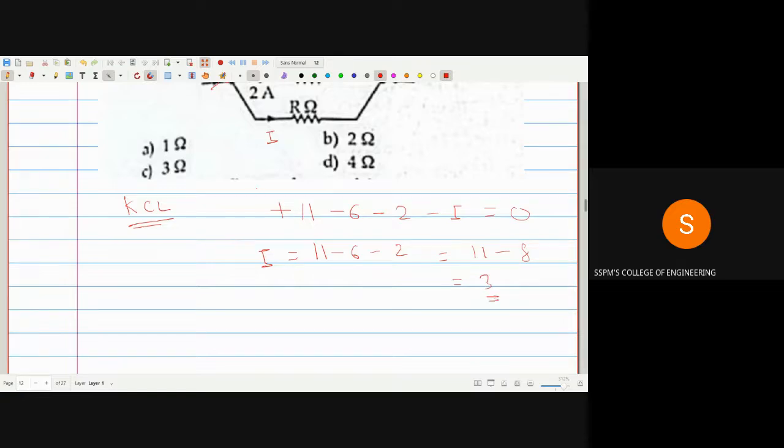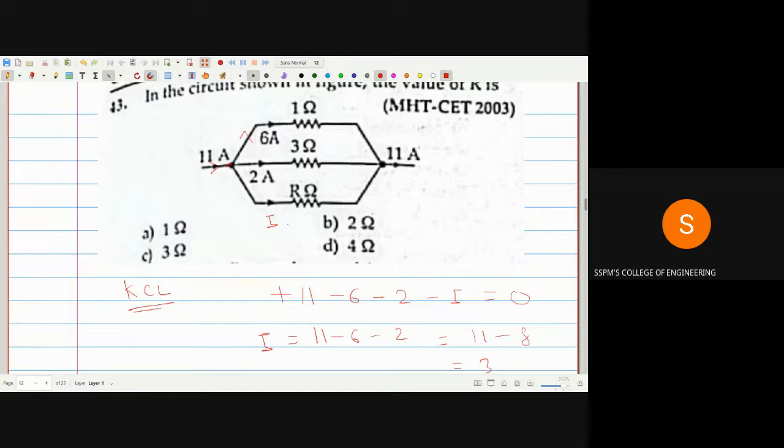So how much current is flowing through R ohm? 3 ampere.